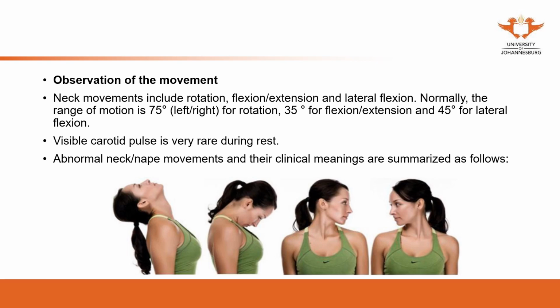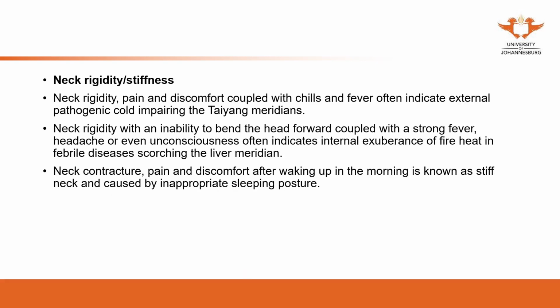Okay, in the next few slides, we're going to show you some of the abnormal manifestations. In order to understand the abnormal movements of the neck and their cause, we need to understand what is important for normal movement.